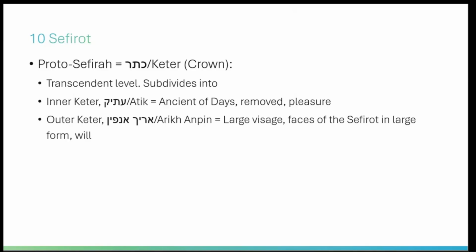This further subdivides into two levels of Keter: the Pnimiyut HaKeter, the inner level of Keter, which is called Atik or Atik Yomin. There's actually a reference to this in the book of Daniel, the Ancient of Days. It's a reference to God, but this is a particular reference.